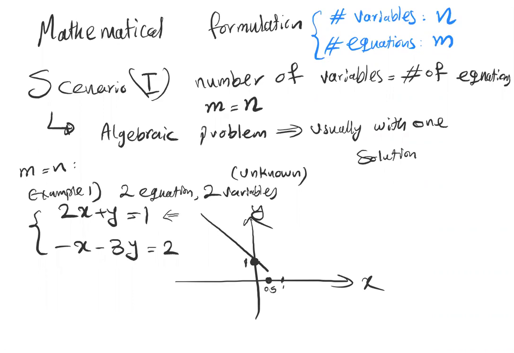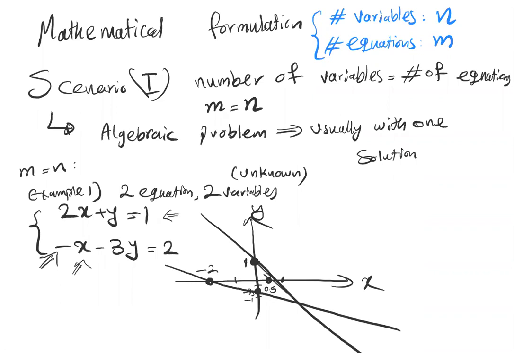So this is one of the lines. The second one, if x is equal to 0, y is going to be minus 2 over 3. And if y is equal to 0, x is going to be minus 2. So this is the second line.